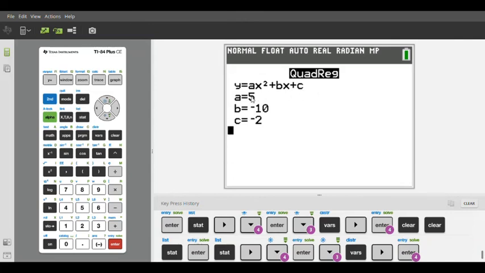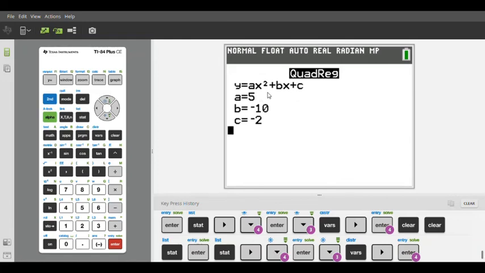So if you know that, you can write it as y equals a times x minus h squared plus k. That a that's out in front is going to be a 5 regardless, just like it was in our problem. So if you're just trying to find the a because you already know the h and the k for the vertex form, you can use your calculator to find that if you have the points.